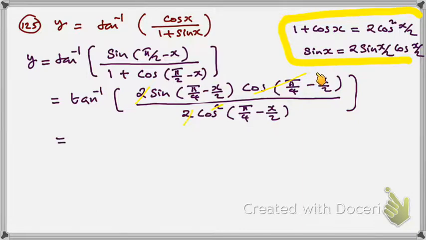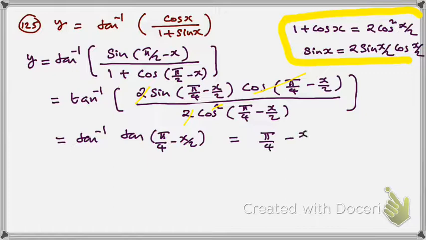Balance is sin pi by 4 minus x by 2 by cos pi by 4 minus x by 2, which will be tan pi by 4 minus x by 2. Now tan inverse and tan will cancel. So I have pi by 4 minus x by 2.